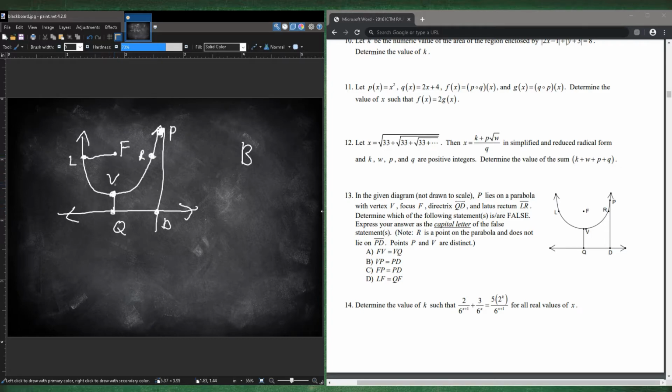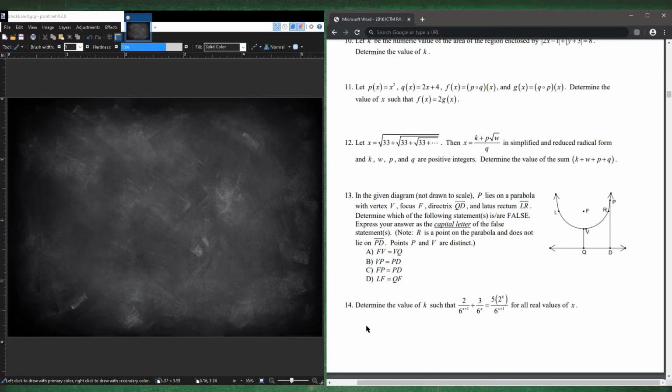So if you take half of it, from just L to F instead of L to R, then it's the entire length from the focus to the directrix. So D is true. So the only one that's false out of 13 is B, and that's your answer. It's a weird question. You just basically need to know its properties.